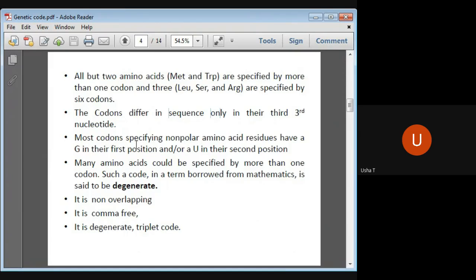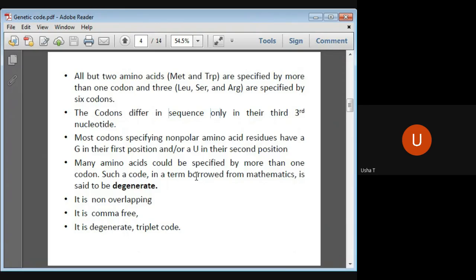And then most codons specifying non-polar amino acid residues have a G in the first position or U in the second position. So if we again look at these codons, the codons which code for non-polar amino acids will either start with a G or have a U in the second position. And many amino acids could be specified by more than one codon.